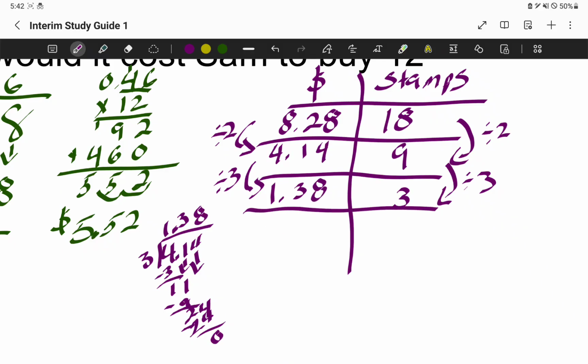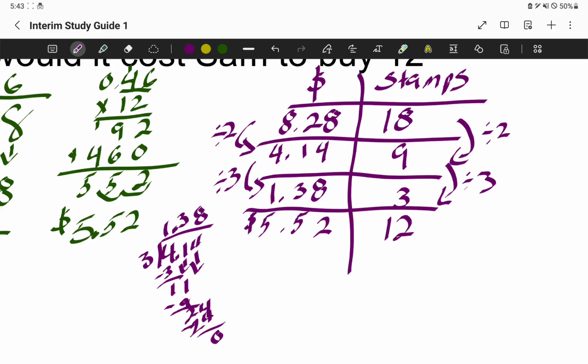And since I want 12, 9 plus 3 is 12. And so 4 plus 8 is 12. Carry 1. 1 plus 1 plus 3 is 5. I'm having an off night. And 4 plus 1 is 5.